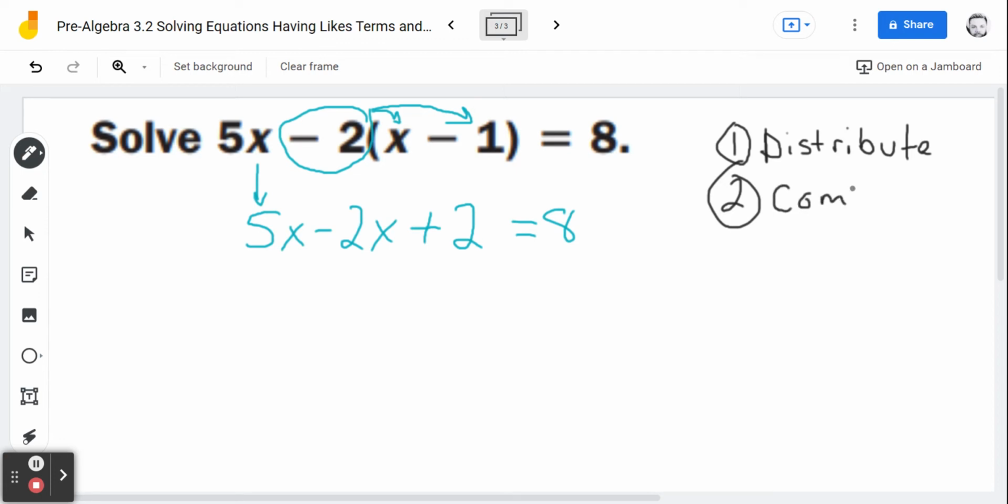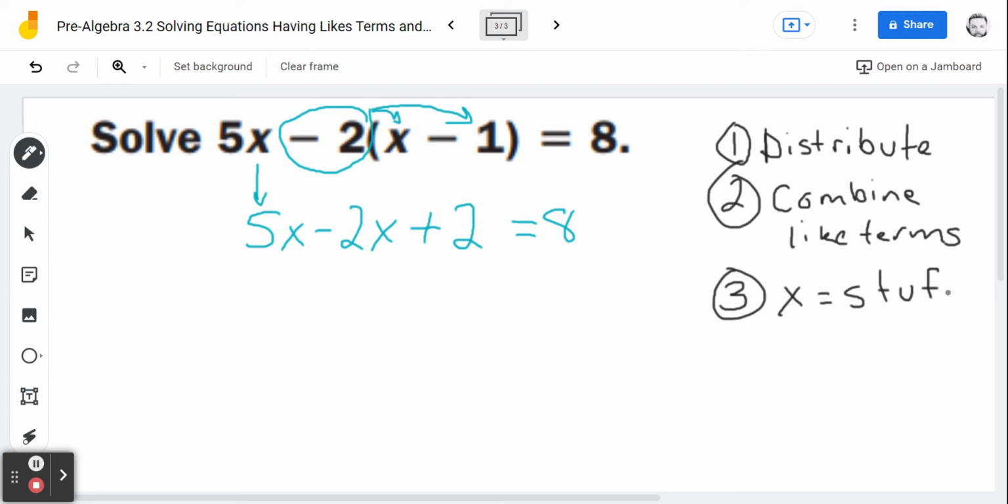Combining like terms. Very good. Combine like terms. And then lastly, we will do x equals stuff. How do we do x equals stuff? Do the inverse.